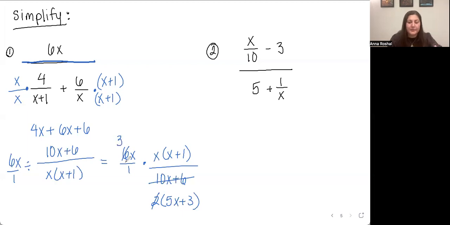So the 6 will become a 3. So my final answer to this problem is going to be 3x squared, because I'm going to multiply this x here and this x here, and the 3 is going to stay in front, times this x plus 1 over 5x plus 3.